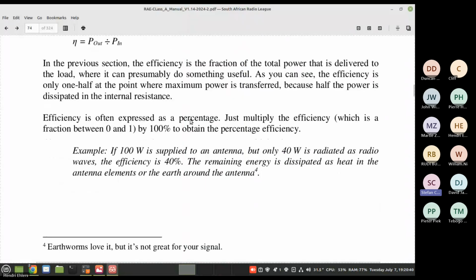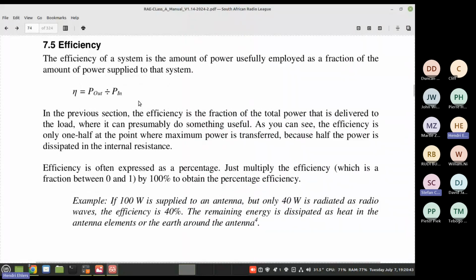I have not seen a question on efficiency in any of the exam papers and books I've looked at. I guess this is just for understanding that there are losses and you can't put 100 watts in and expect 100 watts out.